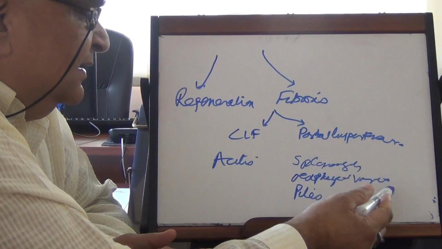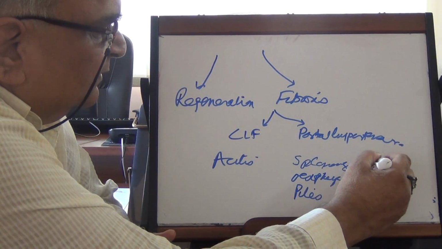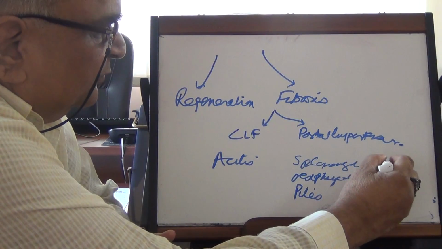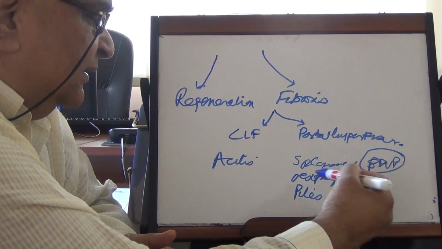Now splenomegaly you can palpate and you can measure the portal blood pressure, which is called portal wedge pressure. Portal wedge pressure through the enlarged spleen.